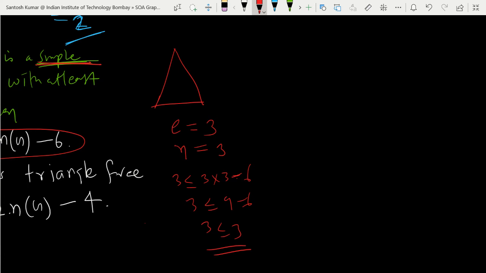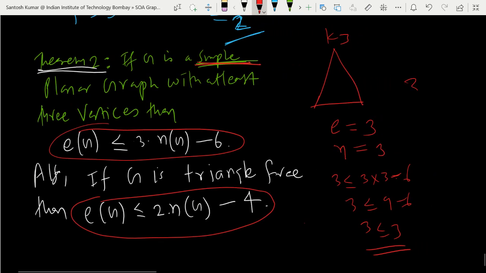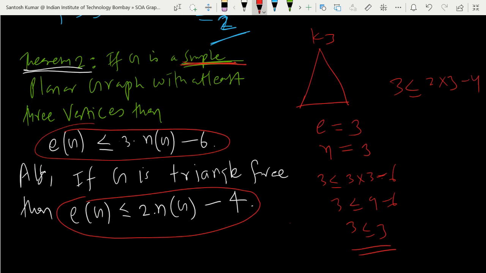You see that the result below will hold in this case. So check in this, will it hold? E is less than or equal to 2 times n minus 4. With n equal to 3, 3 is less than or equal to 6 minus 4, that is 2.